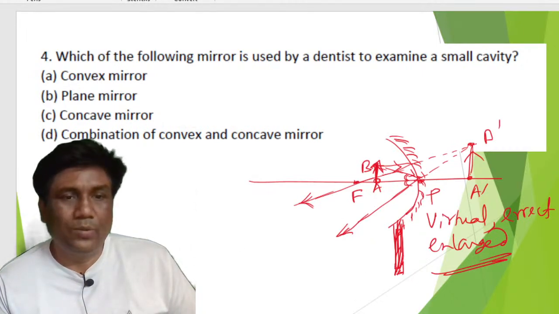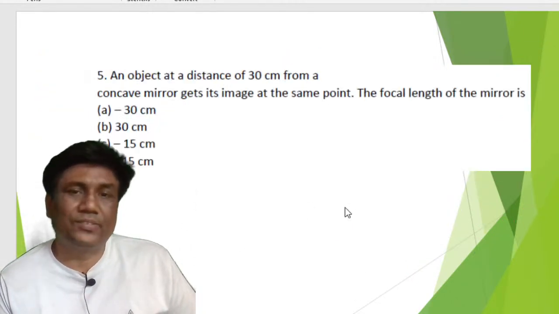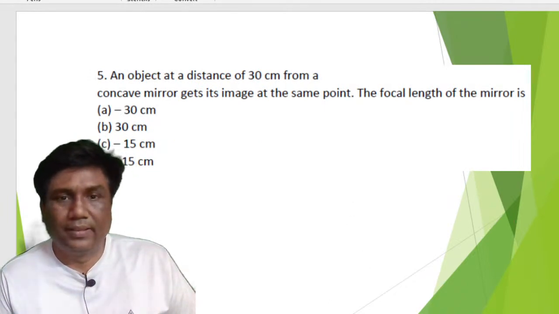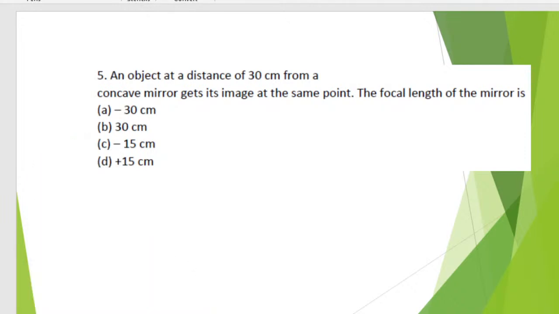So let me go to the next problem. Please try it. Good, all of you are doing well. An object at a distance of 30 centimeter from a concave mirror gets its image at the same point. The focal length of the mirror is?